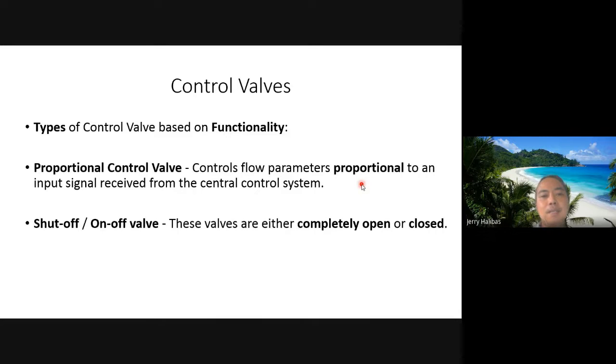Okay? Then another type is the shut off or on and off lang na valve. So, pag dili kay critical ang control system, no, or process control system sa certain na plant or equipment, ang preferred nila is on-off valve. Kaya nga naman, mas barato siya.